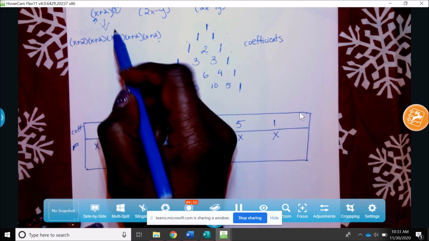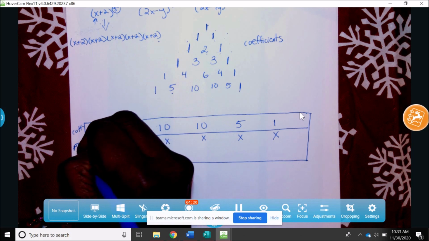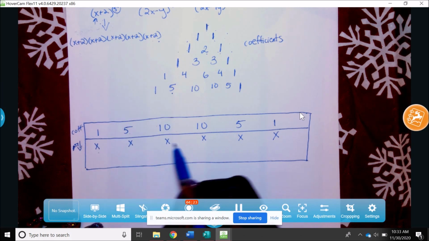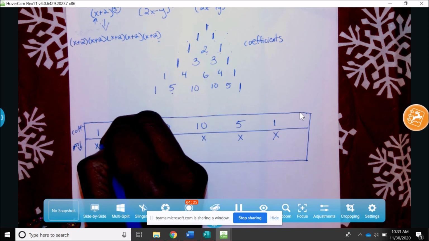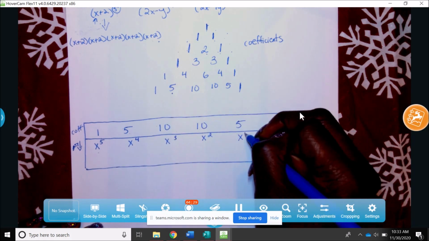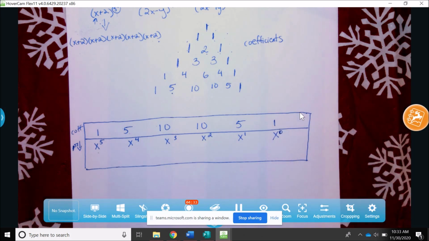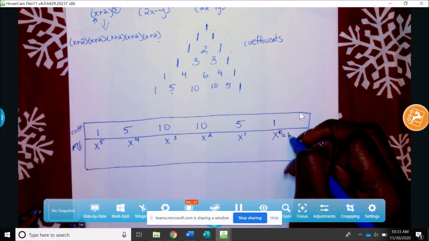And now it's time for the exponent. We're going to start with this exponent, and count down and give each one of these terms an exponent, starting with 5, and then counting down all the way to 0. Now typically we don't write x to the 0 because anything to the 0 power is just 1.